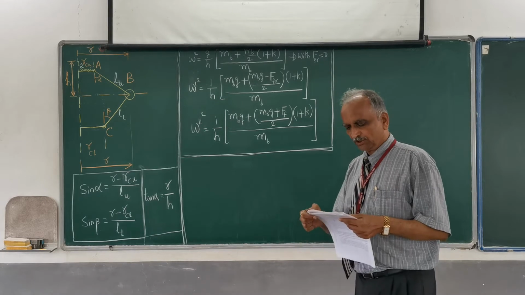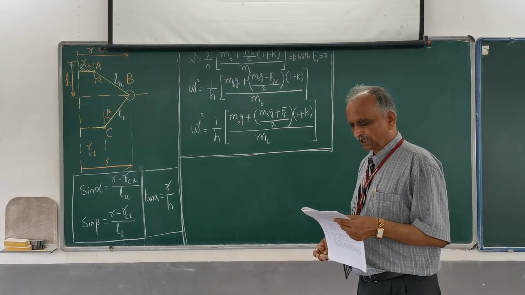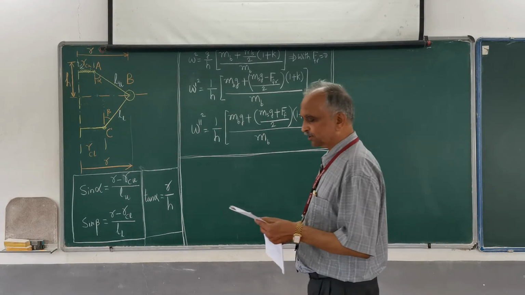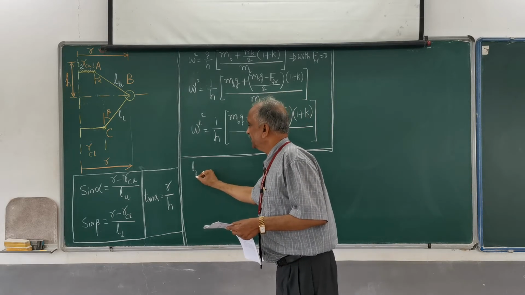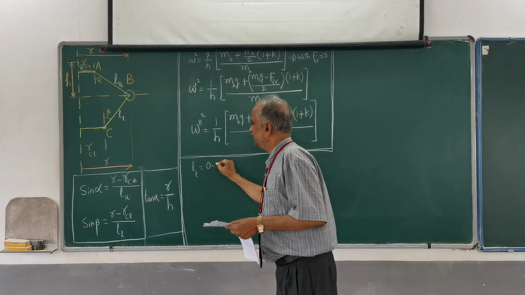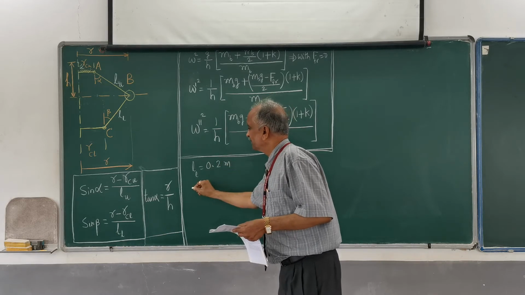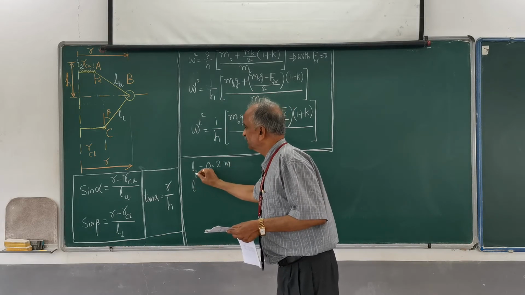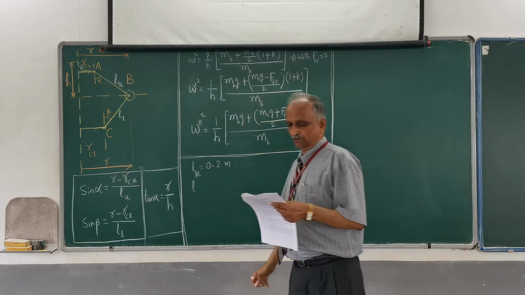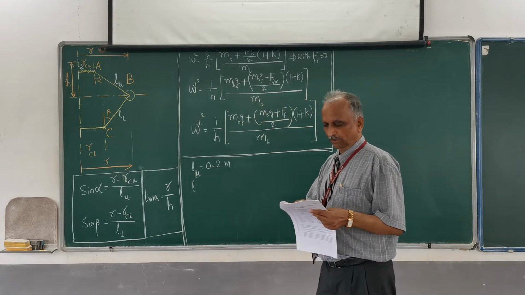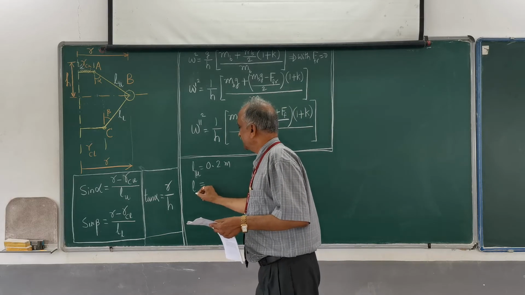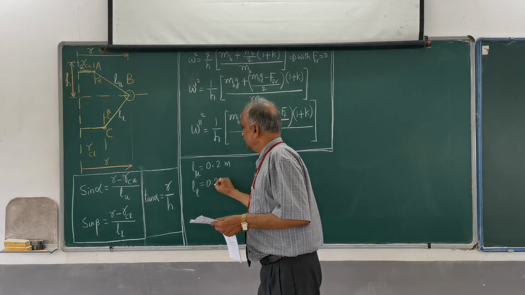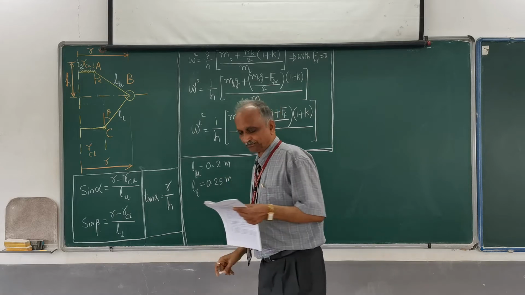So in an engine governor, the port type, the upper and lower arms are 200 mm and 250 mm. So here I shall straight write it in meters. The length of the upper and lower arms: upper arm is 0.2 meters and lower arm is 0.25 meters.